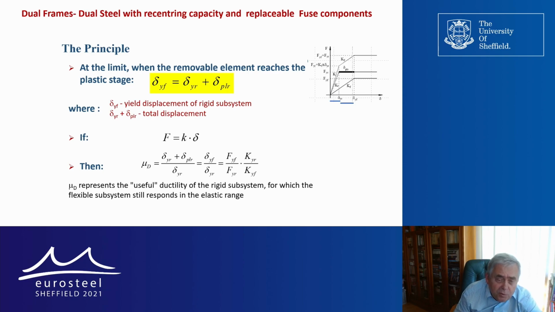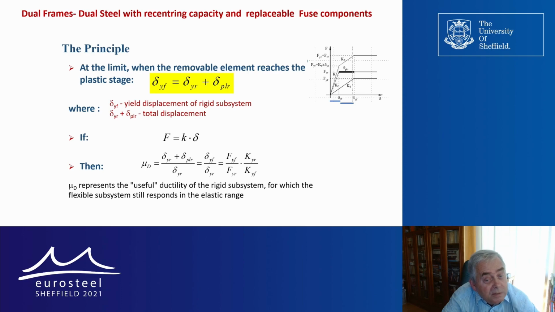And if you calculate the ratio between this total deformation reported to the elastic limit, we'll obtain the so-called useful ductility of the rigid subsystem. What does useful mean?